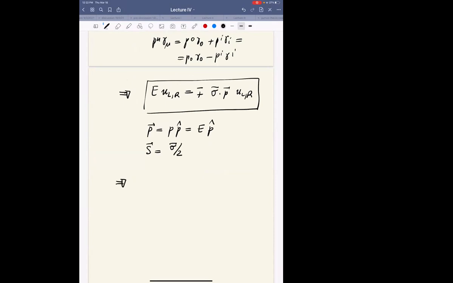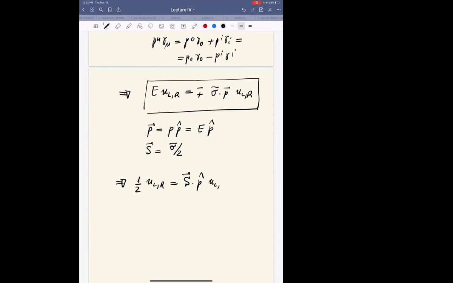The energy will cancel. Notice that U left right is 1/2, I can write, is S times P. And what are the signs?